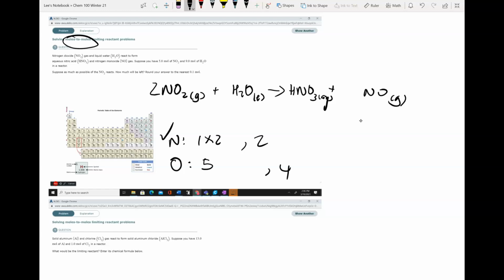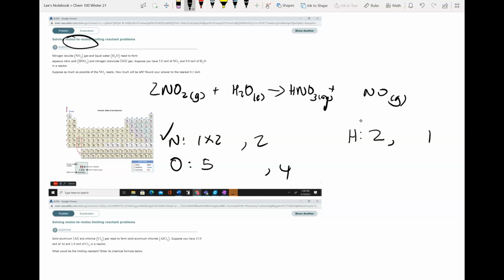Well, let's think a little more here. I've got some hydrogens over here. I've got 2 on the left, and I've only got 1 on the right. So I've got an imbalance with my oxygens and my hydrogens. What might I do here?